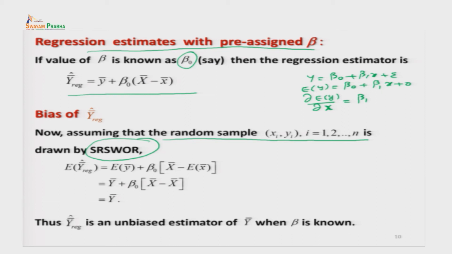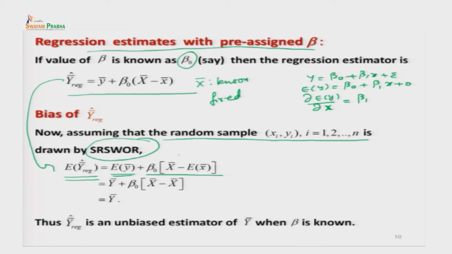Now, if you try to find the expectation of this estimator, the expected value of y bar hat reg is the expected value of y bar plus beta 0 times the expected value of capital X bar minus small x bar. But this capital X bar is assumed to be known, and it is actually a fixed quantity, because it is a population value.